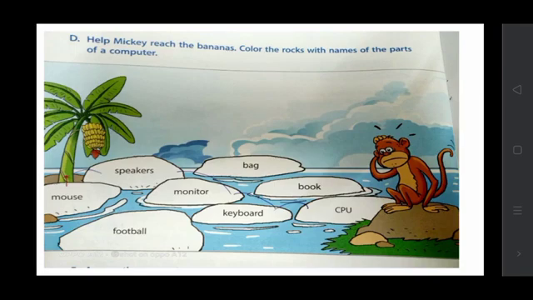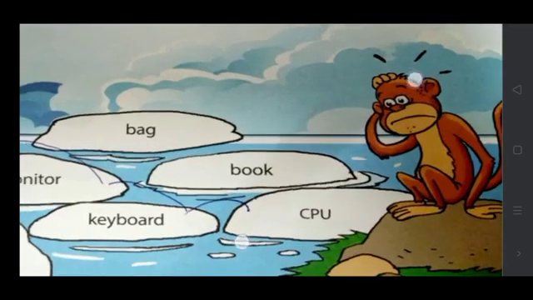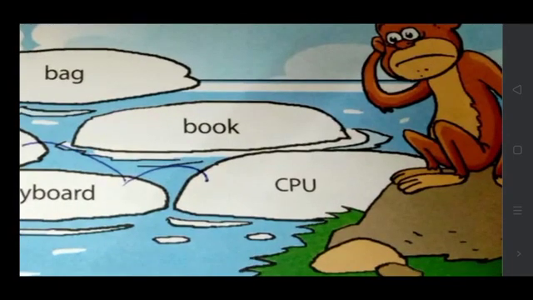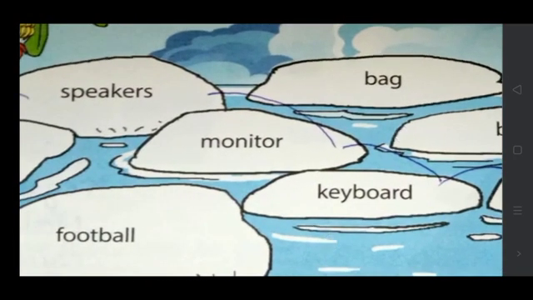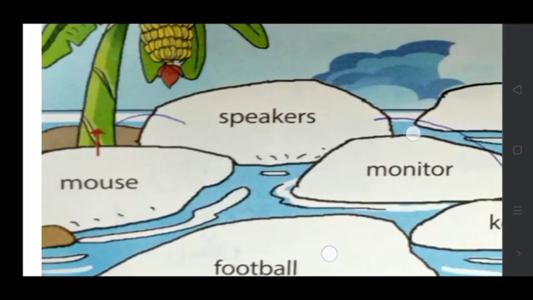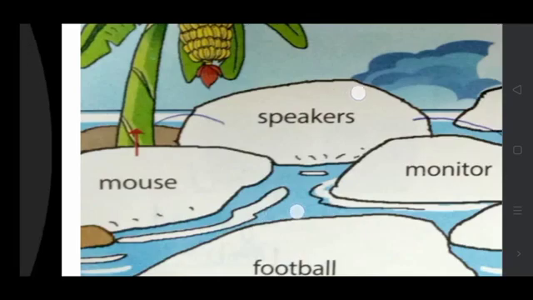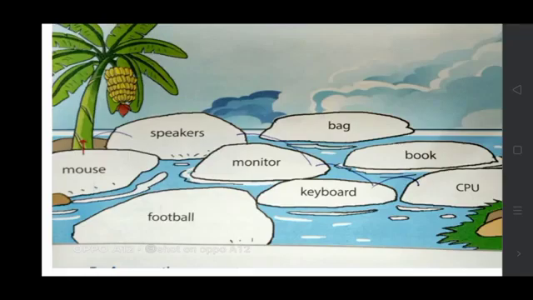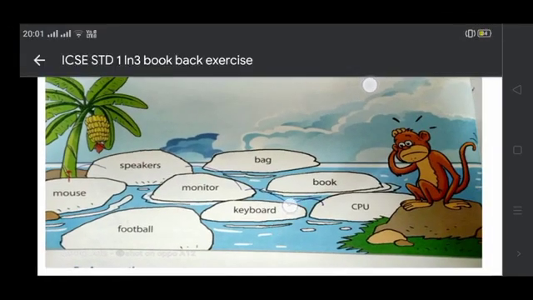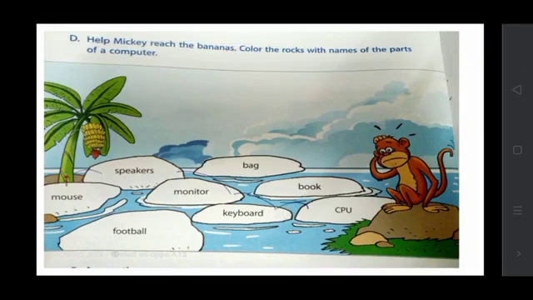First it will jump on the CPU, then the keyboard, then the monitor, then the speaker, then the mouse. That's all, the monkey has reached the banana tree. How nicely, isn't it? Now the monkey is very happy.